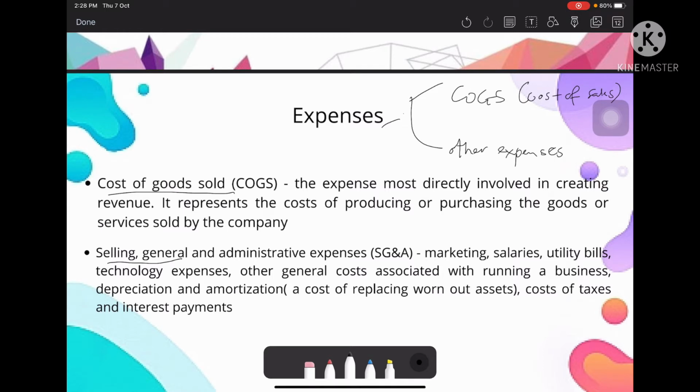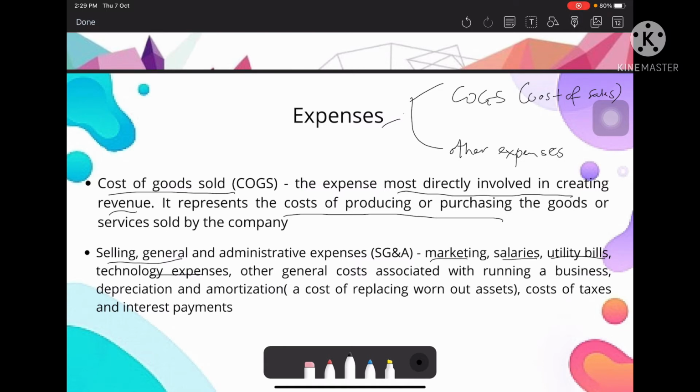The COGS or cost of sales are the expenses most directly involved in creating revenue. So it represents the cost of producing or purchasing the goods and services sold by the company. The other expenses are like selling, general and admin expenses, like marketing, salaries, utility bills, technology expenses and many more.